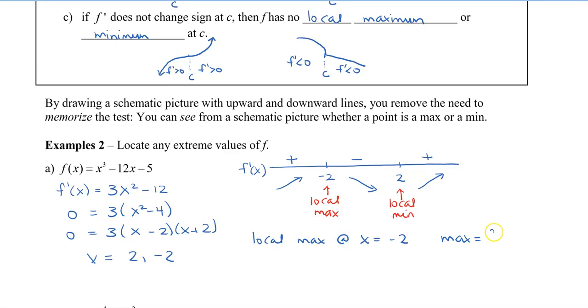Remember, I'm plugging it into my original function to find out what that y value is. When I plug in -2 into the function here, I get 11. We have a local minimum at x equals +2, and that minimum, when I plug it into my original function, is -21.